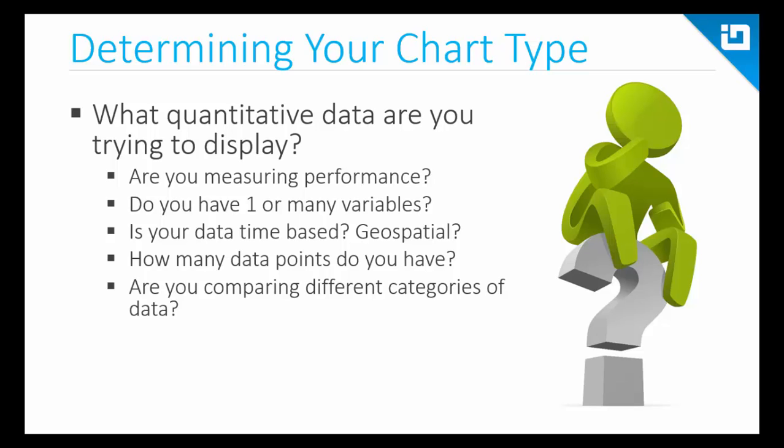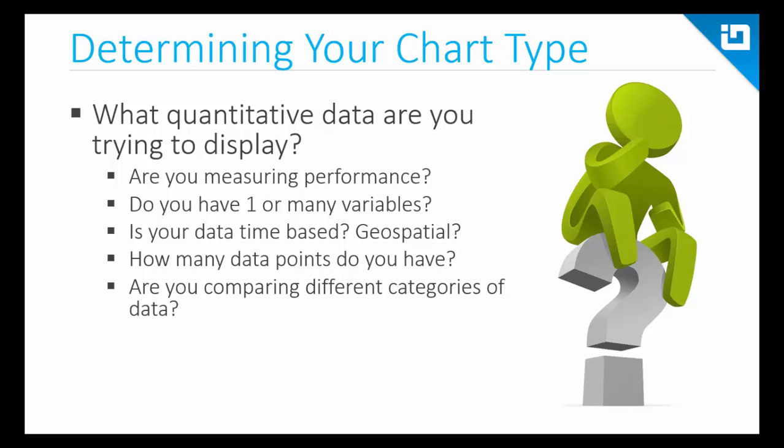So how do you translate this into the correct chart type? You have to start asking yourself questions. Am I trying to measure performance? Do I have one or more variables? Is my data time-based? Is it geospatial? Can I put it in a map? How many data points do I have? Do I have 1 million data points? Well, if I have 1 million data points, I can't display it in a bar chart. Would I have to use a scatter plot, for example?